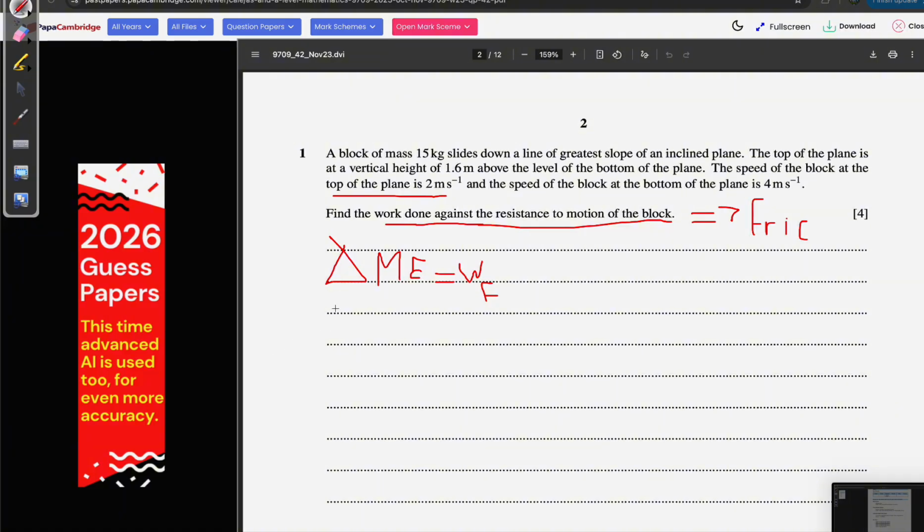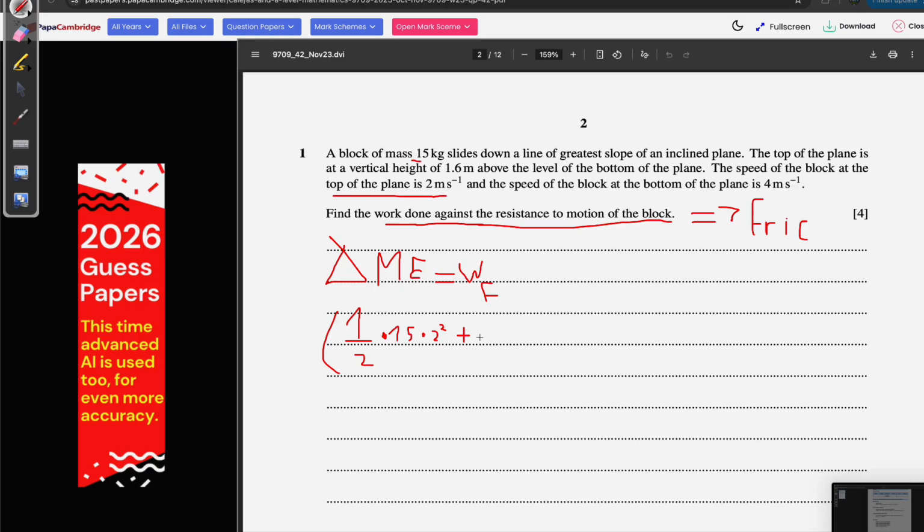So what we're going to do is half times 15 times 2 squared, right? Since mechanical energy is the sum of all energies, we're going to add mgh.